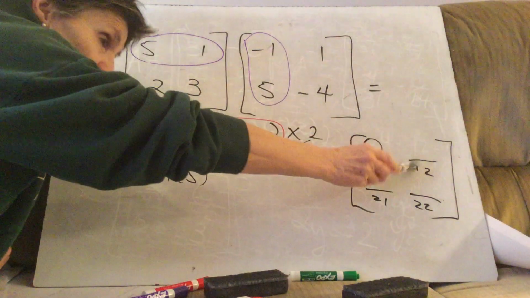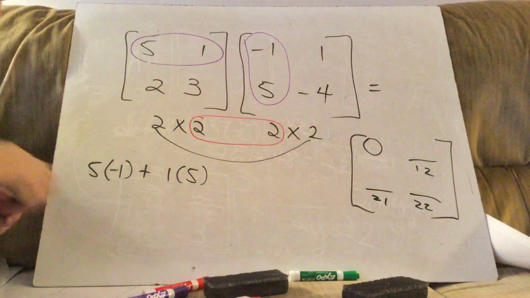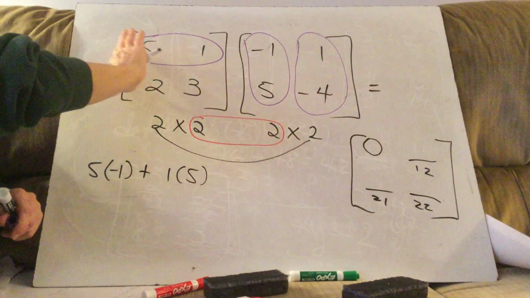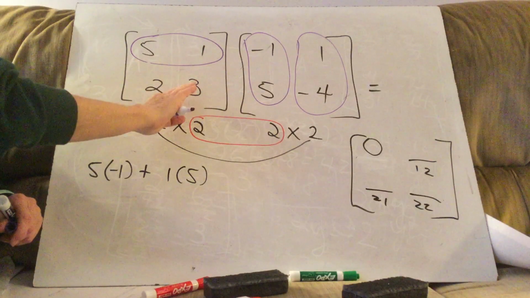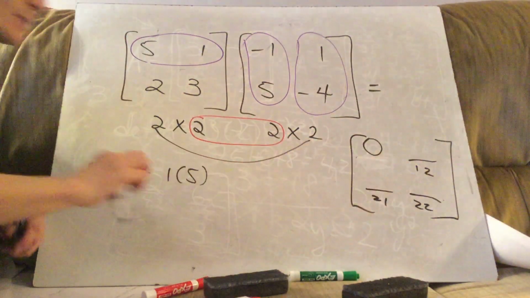Now, I want to fill that spot that is in the first row, second column. So now I'm going to be using my second column. Notice that I only use rows of the first matrix, and I only use columns of the second matrix. Rows, columns.